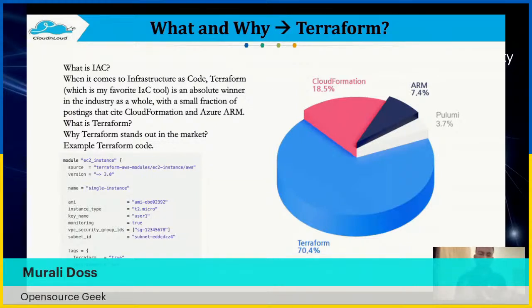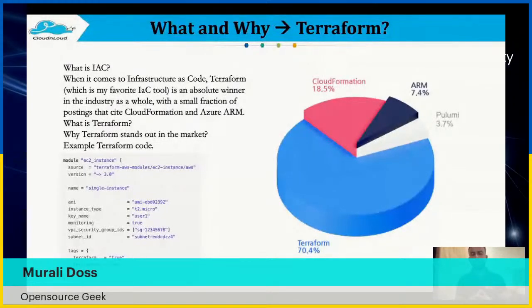Out of that, if you can see in the pie chart, see how vast Terraform is. It's almost 70 percent, more than 70 percent. So why has Terraform been used this much, and what is the advantage of Terraform? One major advantage is, of course, that it is an open source tool, and the support of multi-cloud is another major advantage.